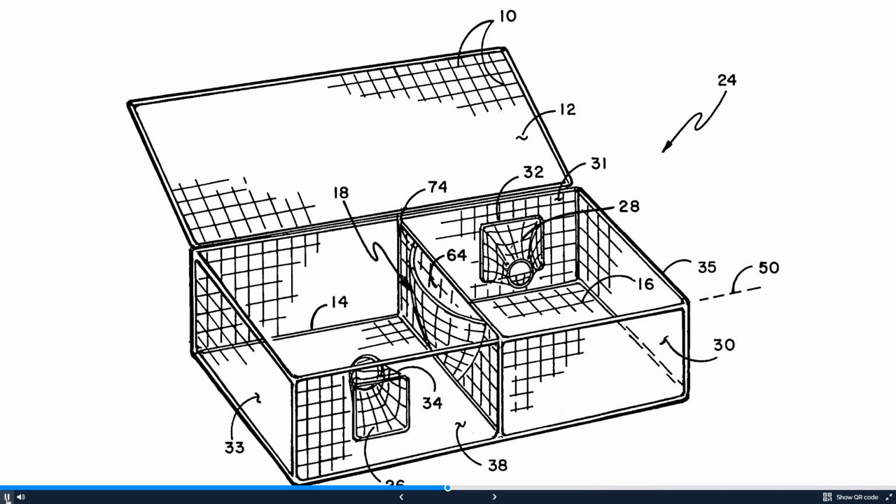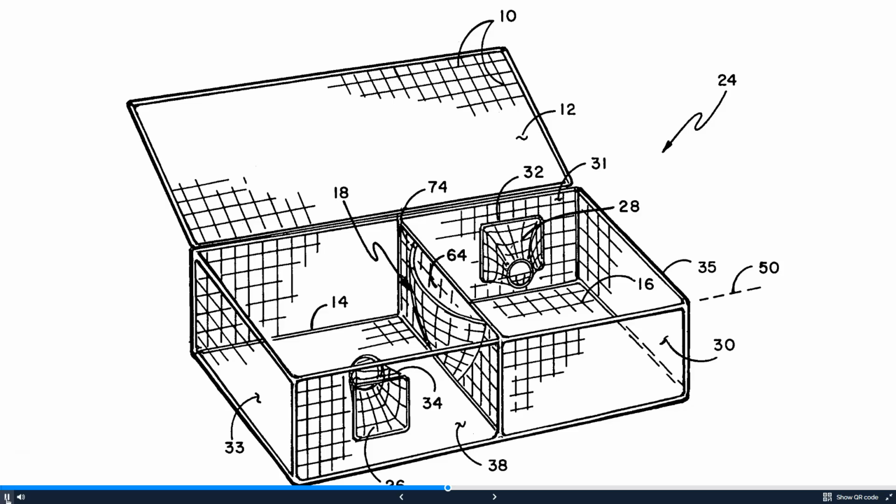A way I like to use to visualize how valves work is to think of them as the opening to a lobster trap like this. So this is a picture for a patent for a lobster trap that I found online. And the pocket in the middle, labeled 64 or 18 here, I'm not sure which, is where you'd put the bait, and then you'd close the trap, and the lobsters would crawl toward the trap, sensing the presence of the bait.